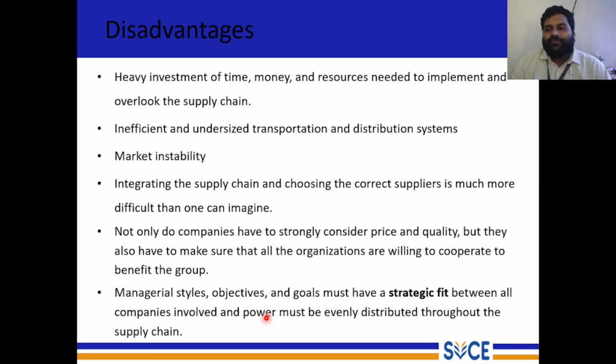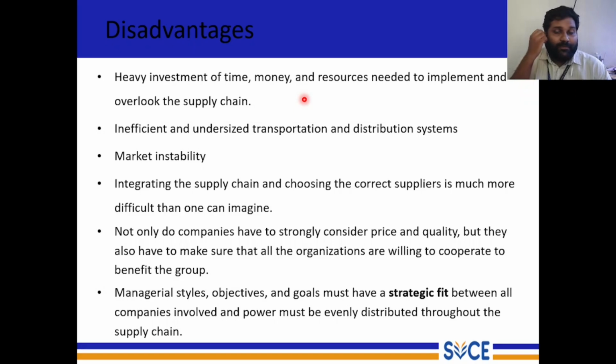Definitely, there are a few disadvantages which need to be taken into account while looking at global marketing. Heavy investment of time, money, and resources is needed to implement and oversee the supply chain, because without heavy investment of time, money, and resources, you cannot oversee the supply chain at all.